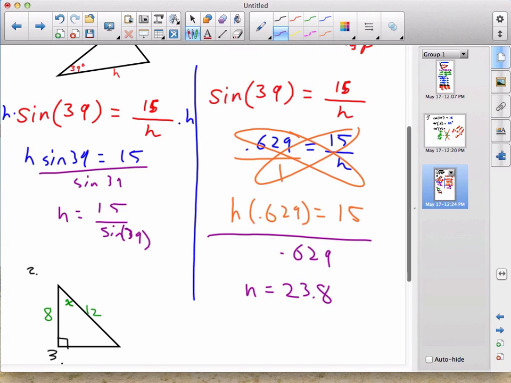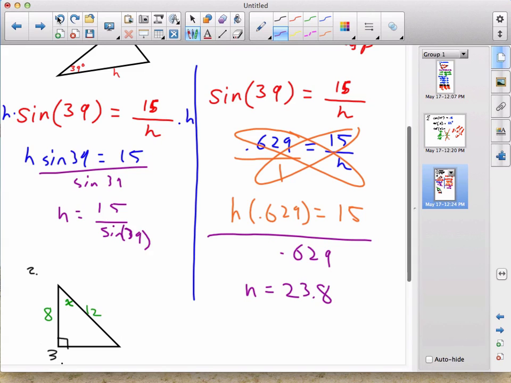I know you wouldn't be showing all your steps, but it would be pretty quick. Yeah, you could do that. I think it's easiest for me though if I think, okay, the sine of an angle is equal to opposite over hypotenuse. That helps me anyway.